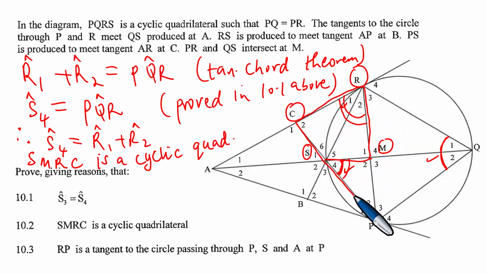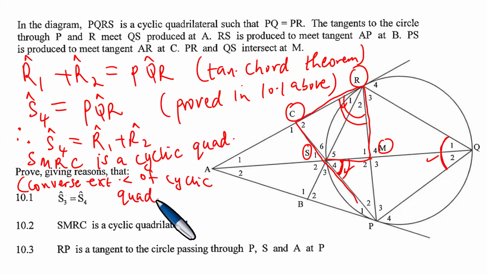Just watch this. The angle S4 is equal to R1 plus R2, and the reason for this is the converse of the exterior angle of a cyclic quad.